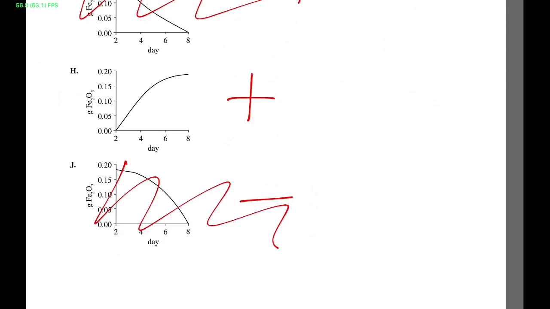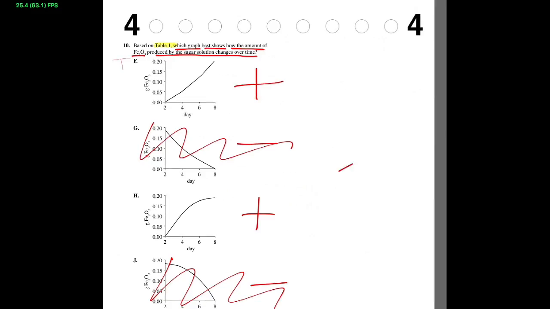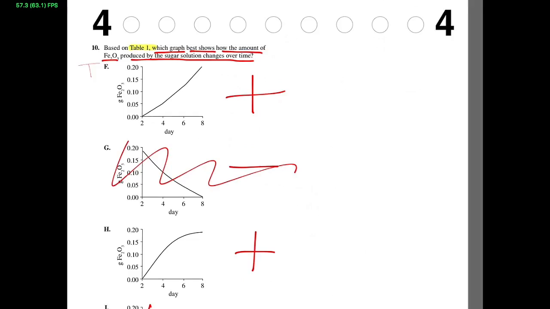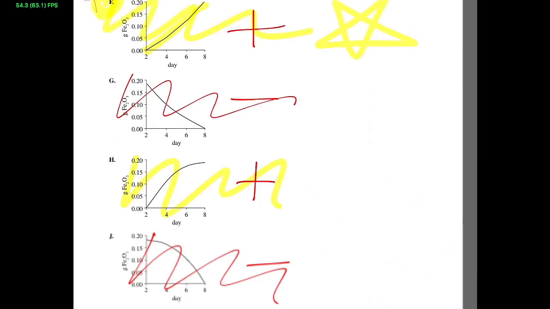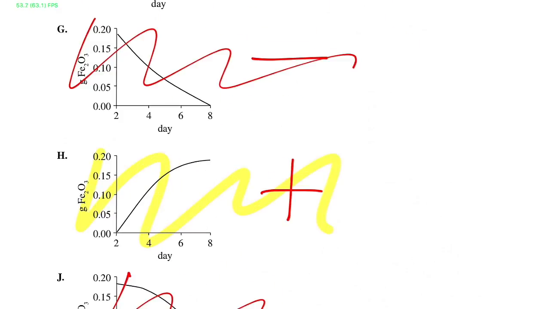So now I basically want to see, well, how are these two different? How is this graph different from this graph? Well, I can see that in F over here, this first one, it's a pretty steady growth over time. But in this one, it starts off as a steady growth, but then it starts to taper off and it looks like it's going to plateau.